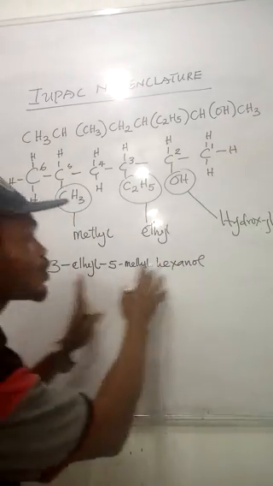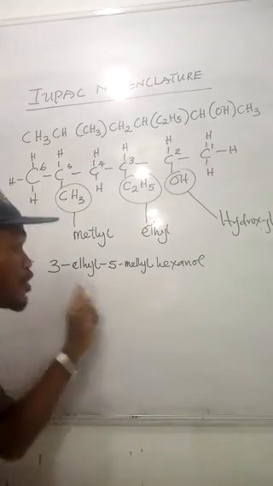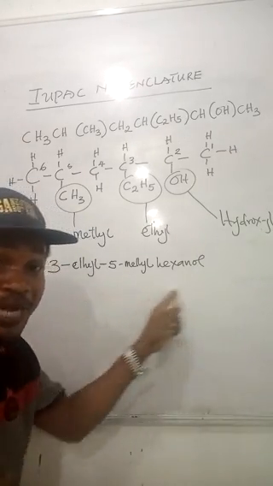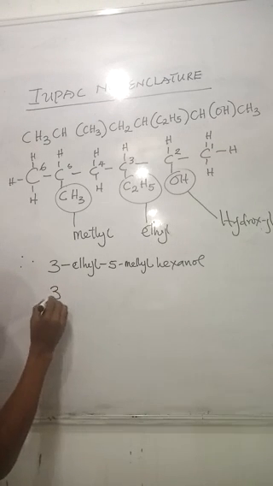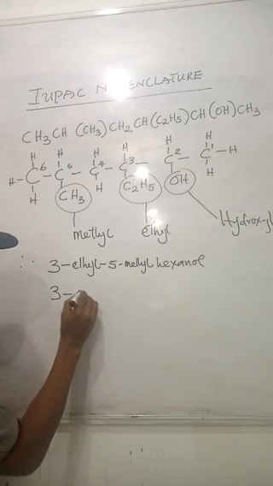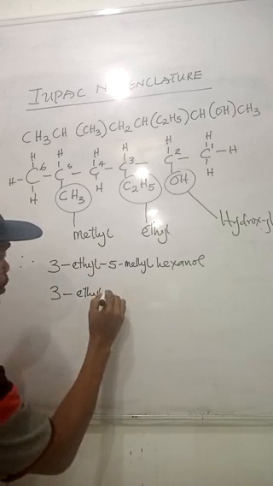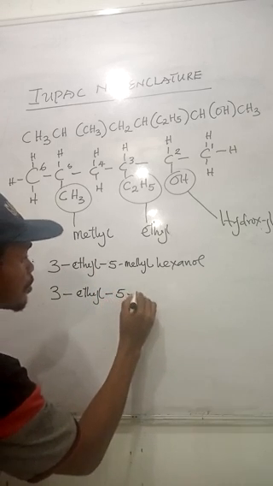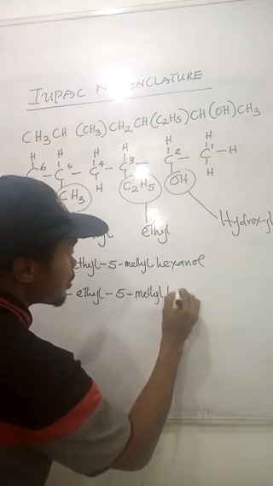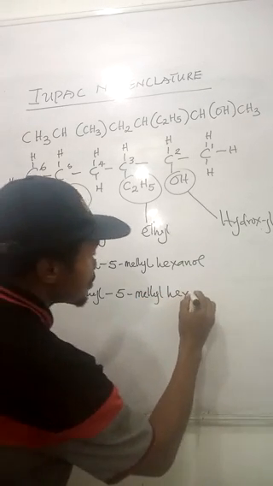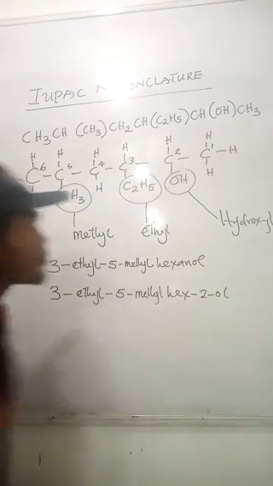We have been able to do justice to this, but there is another way this IUPAC name nomenclature can be represented. It can also be 3-ethyl, good, 5-methyl, hex-2-ol.